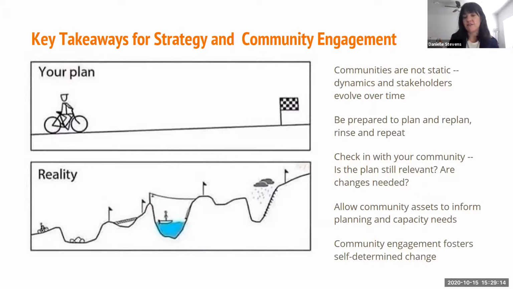The caveat is just that we need to be prepared to pivot when needed, and that we are ready to continually check in with our communities about whether plans are still relevant and any changes are needed. And by keeping our communities engaged in these processes, it makes those pivots much easier, and they make us more adaptable and able to absorb those changes.